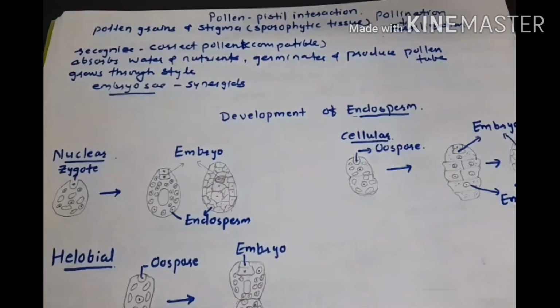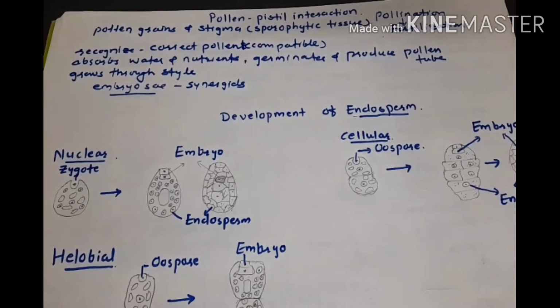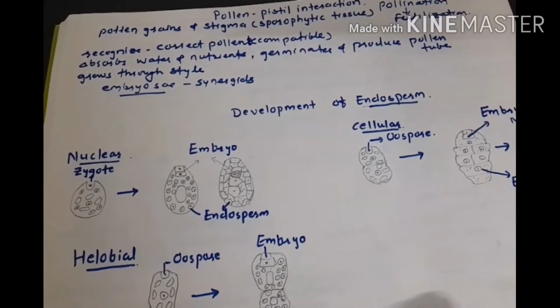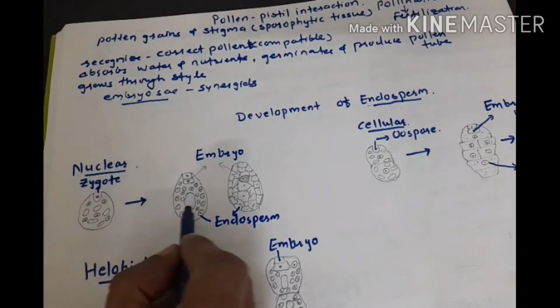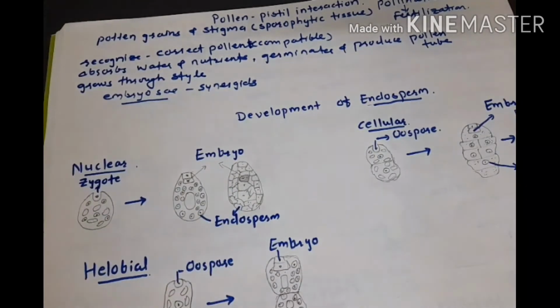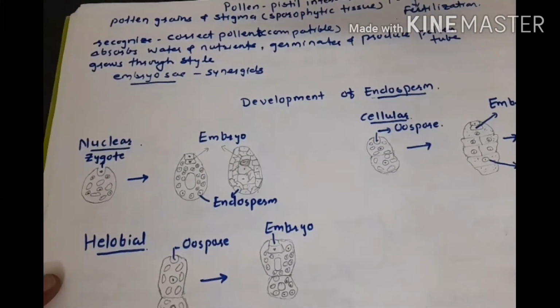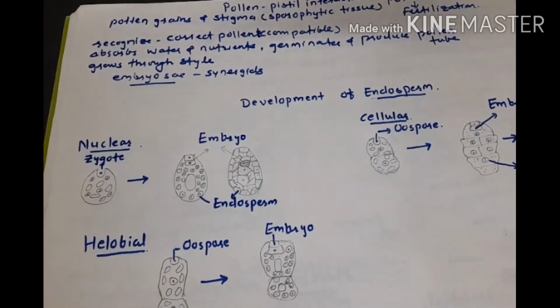Now depending upon the mode of development of endosperm, there are three types of endosperm seen in plants, out of which the first type is nuclear endosperm. Look at these diagrams. Now nuclear endosperm means what? It is the most common type of endosperm.